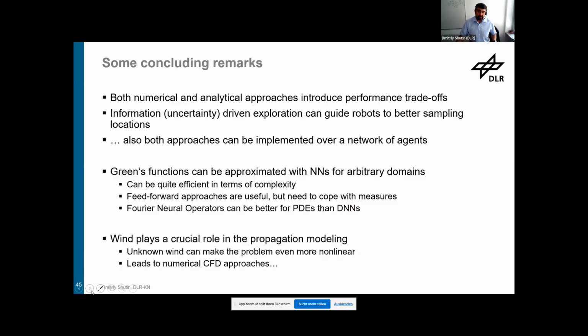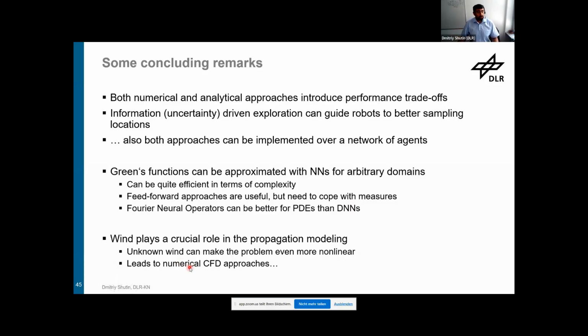Both strategies can be implemented over a network of agents, so you do not require a centralized computer to do these numerics, and thus they are quite scalable to swarms. The Green's function method is very effective. However, you cannot really compute it for arbitrary domains.